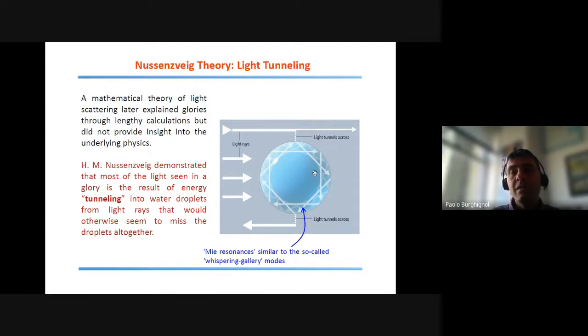In that case, the resonant phenomenon is called a whispering gallery mode, because the same kind of phenomenon occurs in acoustics, in particular in indoor ambience with a particular shape in which the voice, so an acoustic wave, can reach very distant points by propagating close to the boundaries, the curved boundaries of the room.